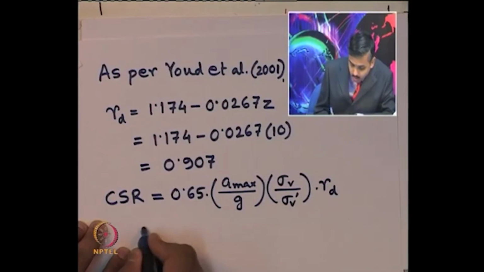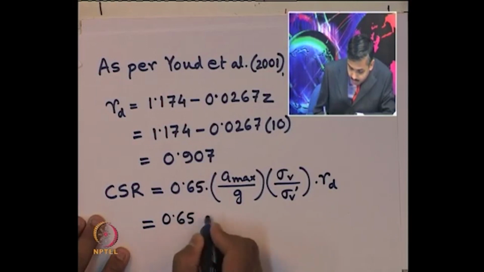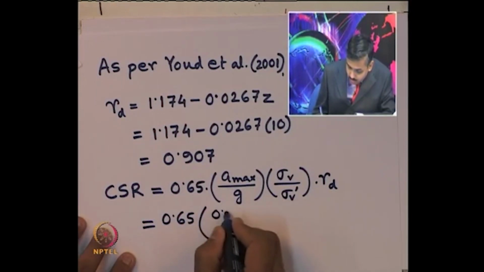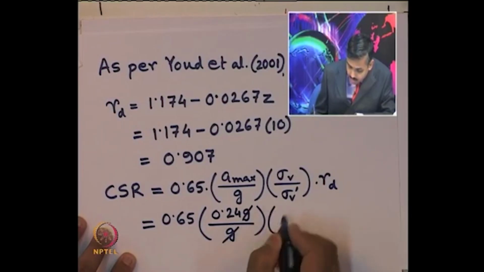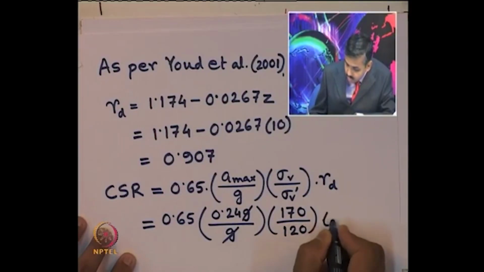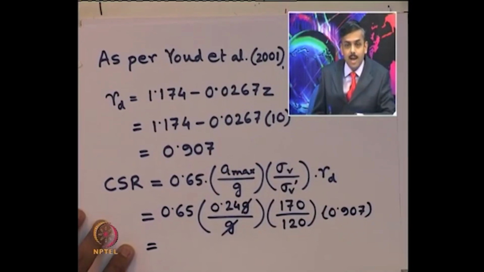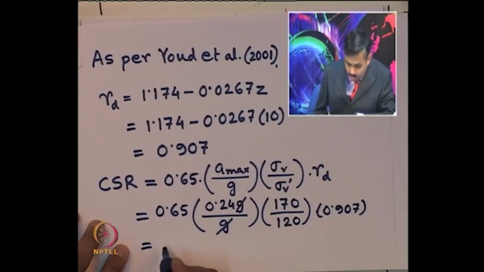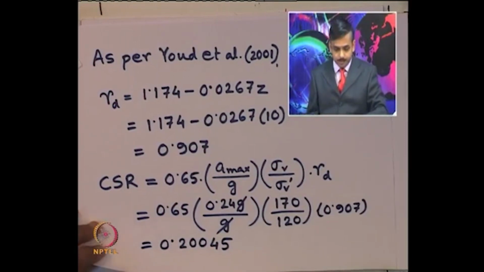So, all these parameters we know, so we can calculate CSR very easily. 0.65 is given to us, A max is 0.24 g, this is also g, so this gets cancelled. Sigma V is 170, sigma V dash is 120 and R d is 0.907 as we have computed here, which gives us the value of CSR as 0.20045. That is the value of cyclic stress ratio.